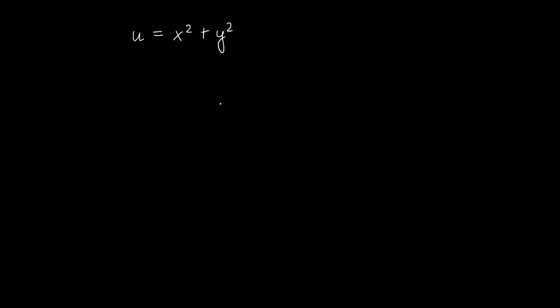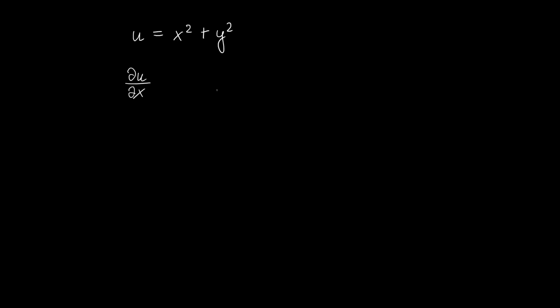Now, we can still calculate derivative of u. But now, this is quite symmetric if we think about x and y. So we can calculate derivative both with respect to x or with respect to y. And we will denote them in that way. This is how we denote partial derivatives.